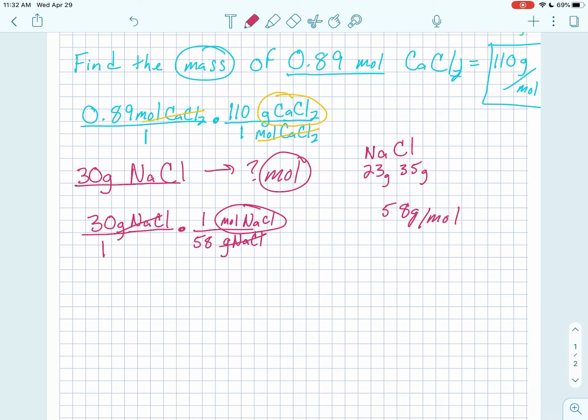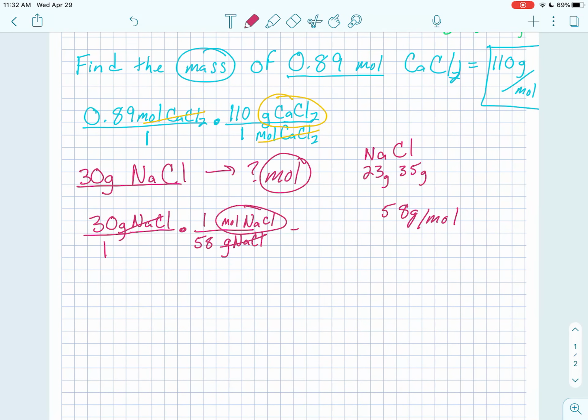I'm going to take my 30 divided by 58 and get 0.52 moles. So 30 grams of sodium chloride is equivalent to 0.52 moles. And this is how we use our molar mass to convert between grams and moles.